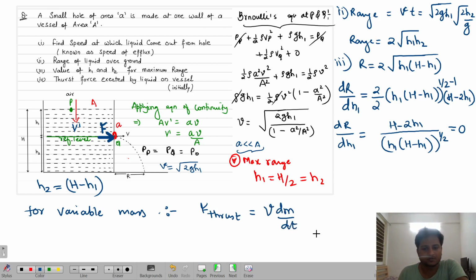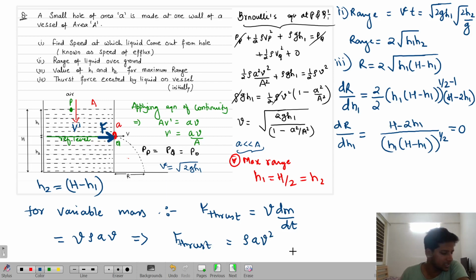Are you able to get me or not? So dm by dt is rho A v, and velocity is v. So the equation is simple: thrust force is rho A v square. Is that clear? So you can apply it simply, always.